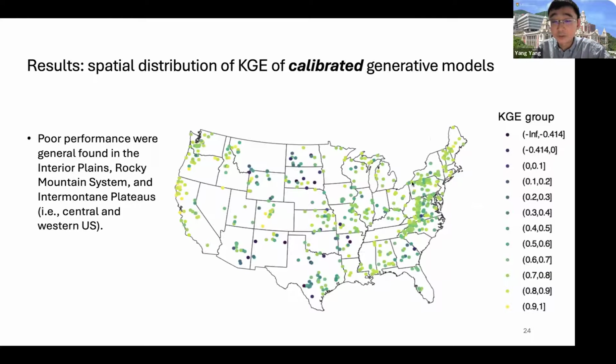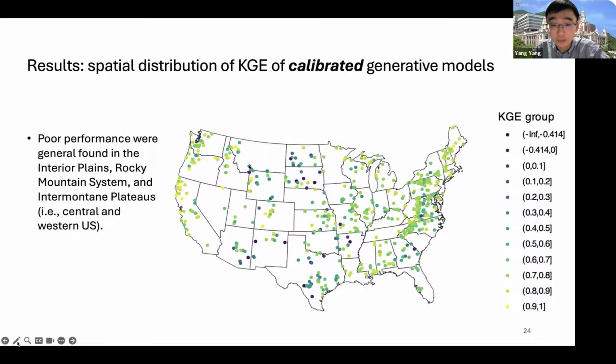This is the spatial distribution of our model's KGE for the test period over the US. This KGE scale indicates the performance. If it's below negative 0.41, it means that the model performs worse than using the mean as a predictor.